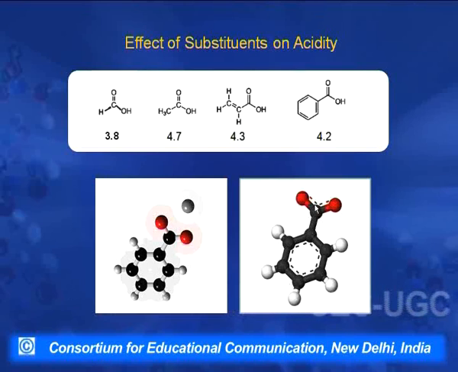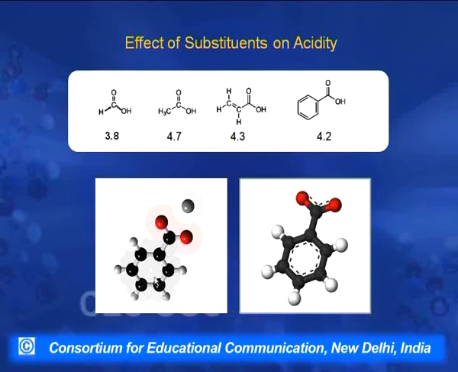That is, there is an extended conjugation of this carboxylate anion with the ring pi electrons. We can show with the help of an orbital picture that this orbital is now overlapping with the red colored orbitals indicating this oxygen, and the grey colored orbital for this carbon, and the grey colored orbital for this carbon. So they have undergone conjugation, and due to this type of conjugation there is a slight electron shift from the ring towards the carboxylate anion.